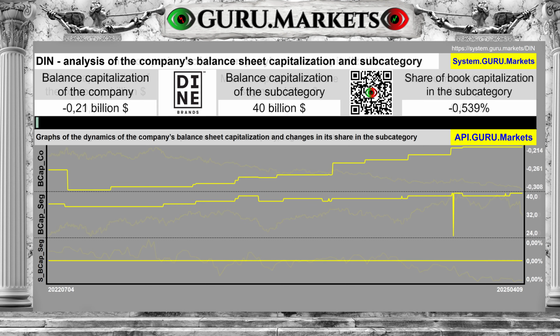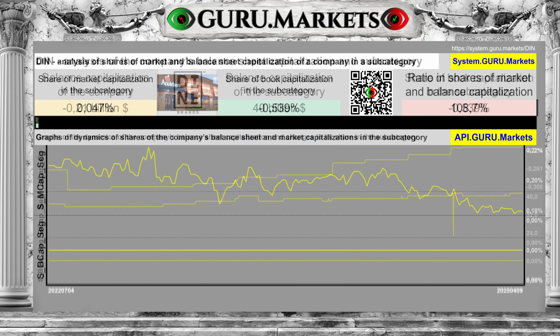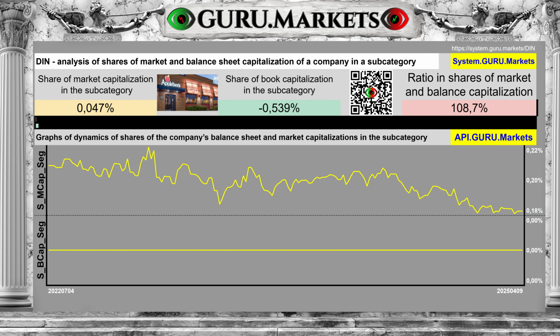The company's balance sheet capitalization is minus $0.21 billion, and the capitalization of the subcategory is $40 billion. Dine Brands Global Inc. represents a share of minus 0.539%. Comparing the occupied shares of market and balance sheet capitalization, we will see the following.